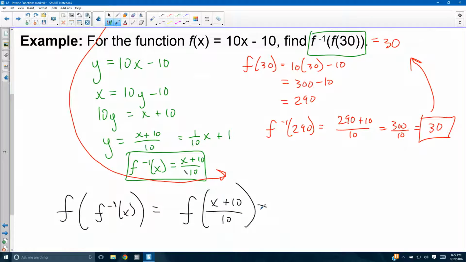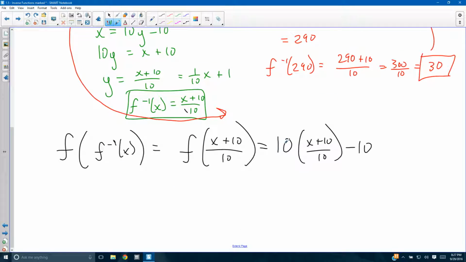So, let's see if I can fit that all on one screen. That'll be 10 times (x plus 10) over 10 minus 10. It's quite a bit of tens. 10 over 10 is 1. So you're just left with x plus 10 here. Minus 10. Inverses cancel out, equals x. So you are just left with x each time.